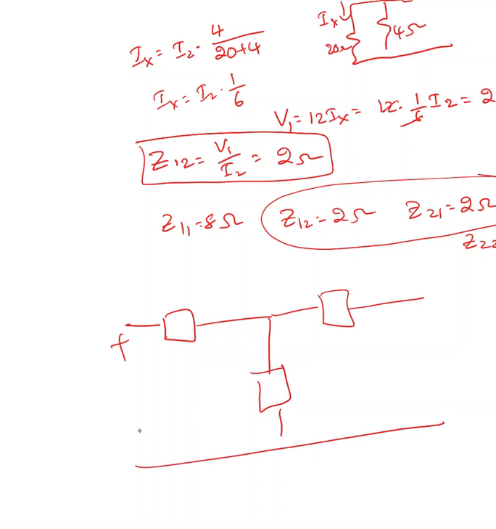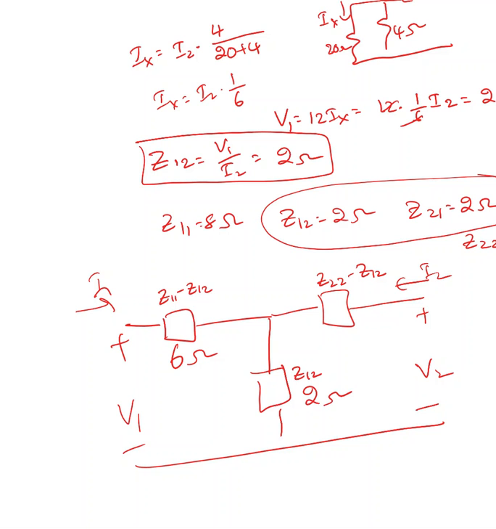This is called T network. So V1, I1, I2, and V2. This is going to be Z11 minus Z12, Z12, Z22 minus Z12. So this value is 8 minus 2, this is 6 ohm, that's 2 ohm, that's 1.33 ohm.